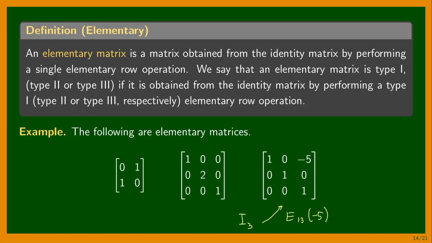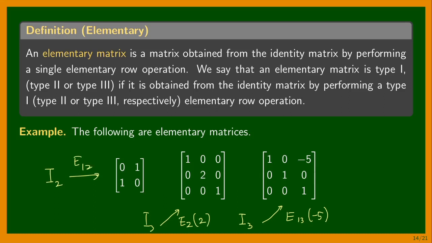That's the notation. Do you remember this notation? Again, this one was obtained from I_3 by multiplying the second row by 2. This was obtained from I_2 by just swapping.